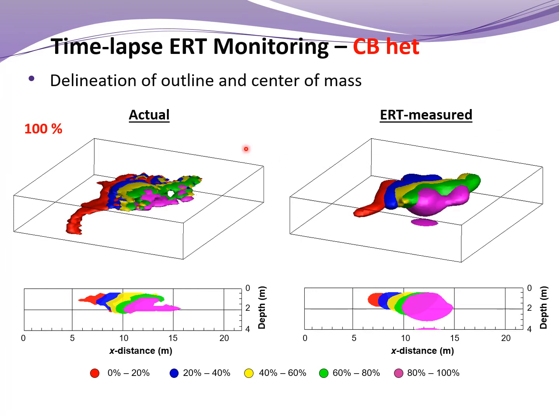This powerful combination of knowing exactly where the DNAPL has been remediated and then knowing how ERT would have performed, you can really extensively assess the performance of ERT and how it will have been used to monitor the DNAPL program.